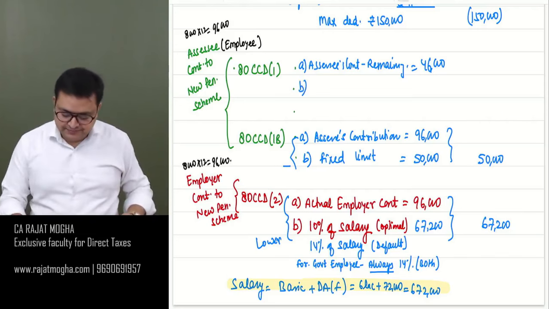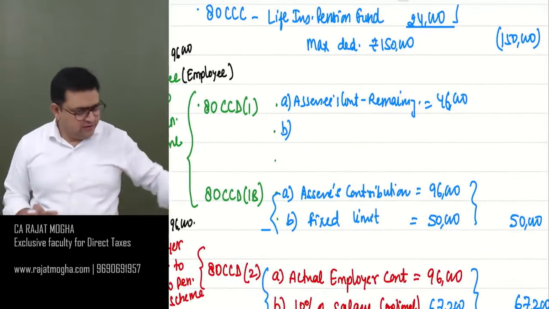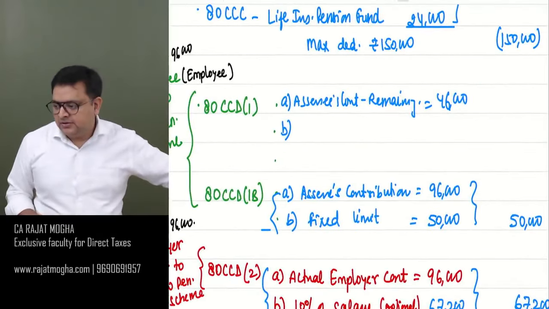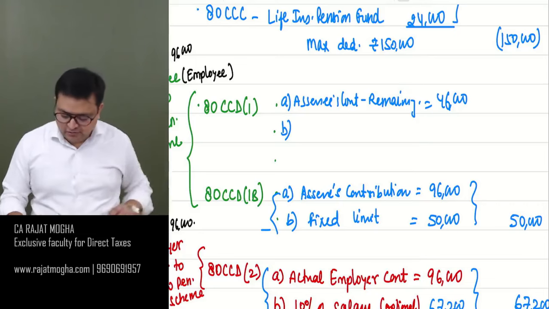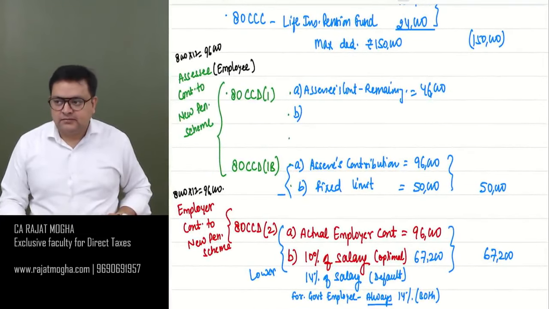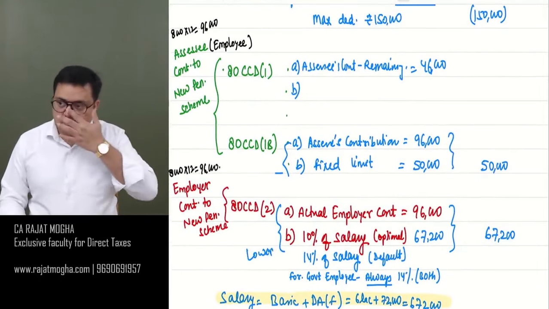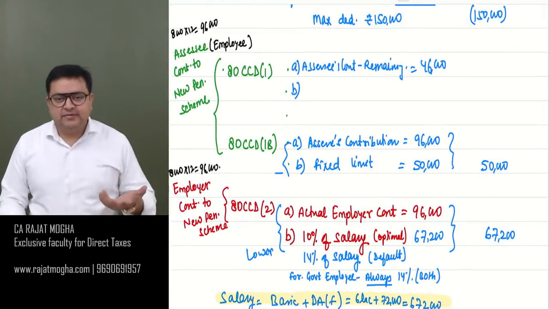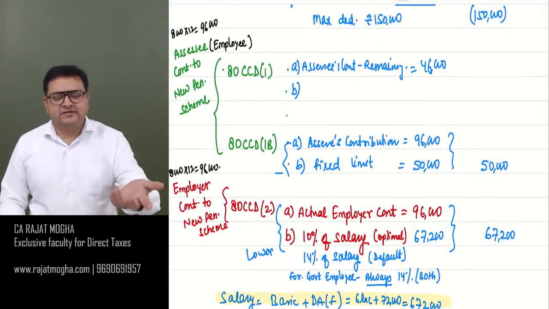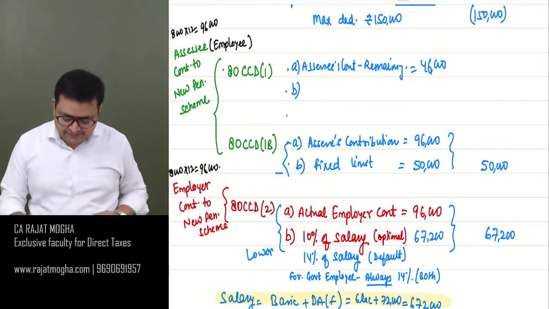B point. Guys, 46,000, I believe nobody has doubt. Satish, Gomti, Joseph. 46,000, I believe, Pradeepa. Nobody has doubt. If you have doubt, you can ask me. Good. It's very simple now. Because the assessee has contributed 96,000, 50,000 we have already given, 46,000 remaining he is asking.